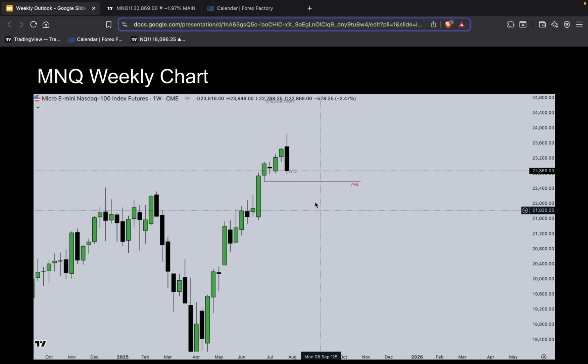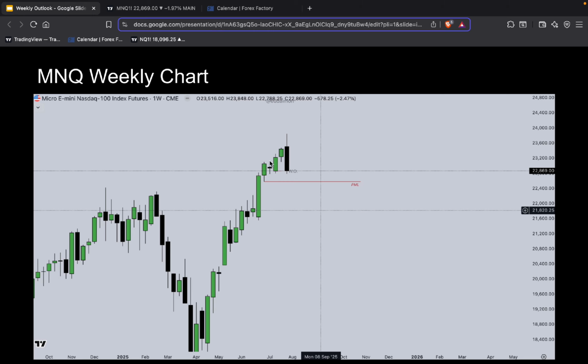So the weekly chart, and we see the gap in the weekly chart and the monthly chart, which overlaps together.